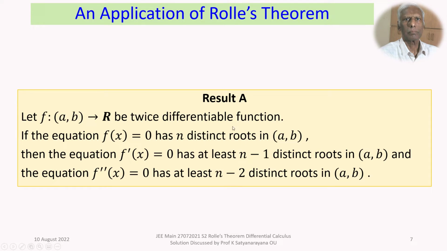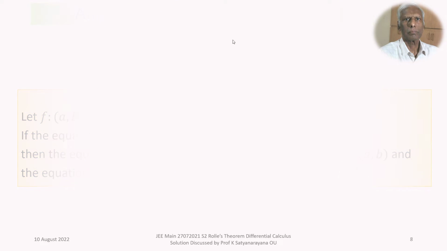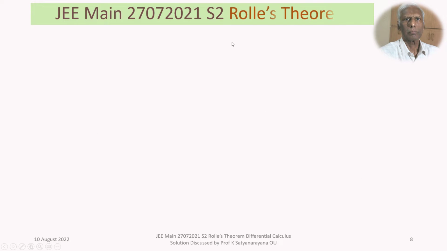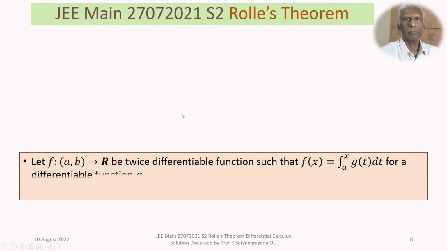And if you want the detailed proof of this result A, you have to see the next video. But we will use this result in this example. Now let's get into the example first. This is our example.